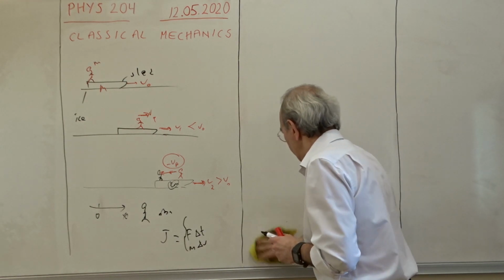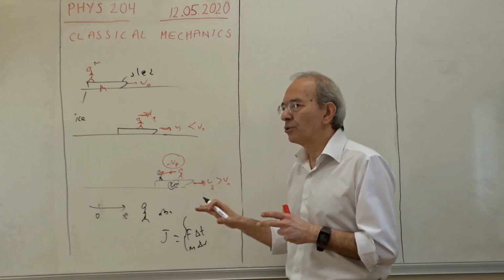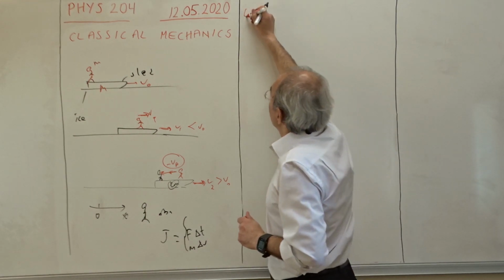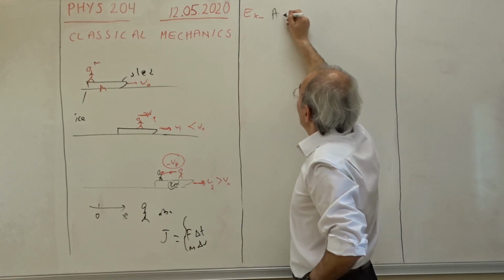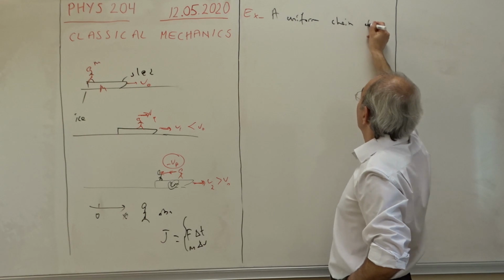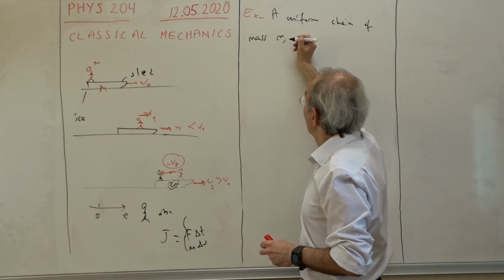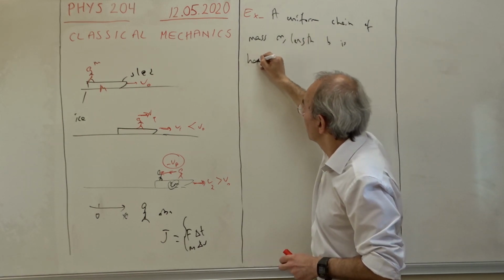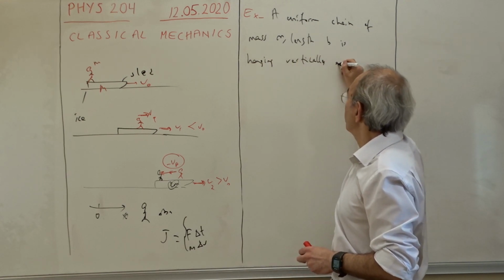Now let's consider an example on this topic, on impulse. So let's try to solve it. A uniform chain of mass m, length b, is hanging vertically and at rest.